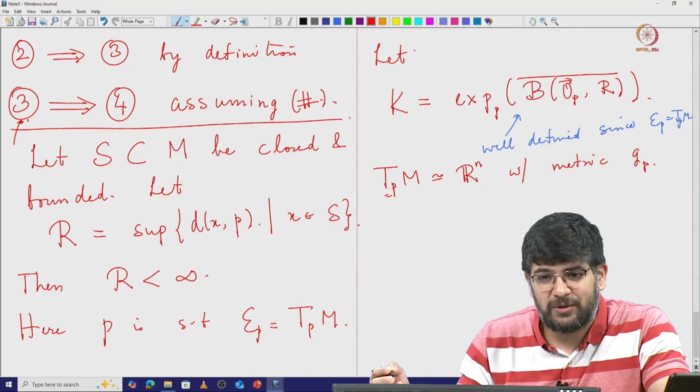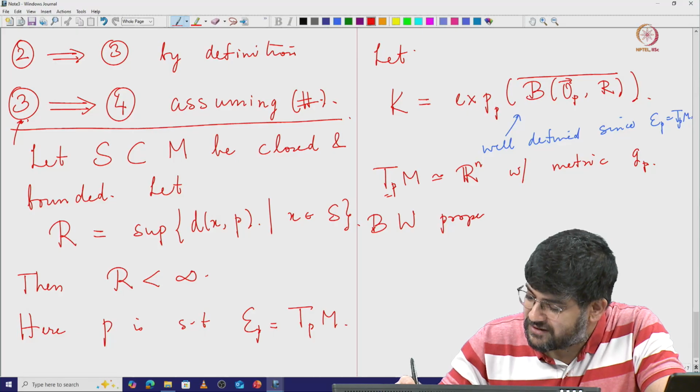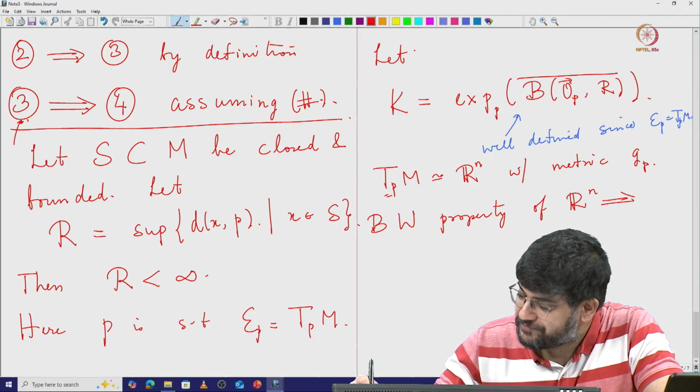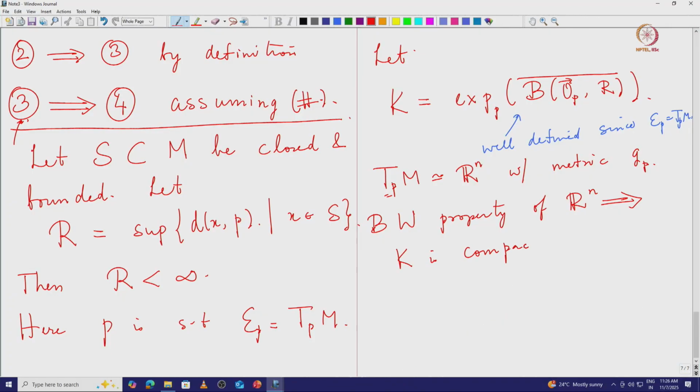But then one can use the Bolzano-Weierstrass property of Rn, which implies that the closure of this ball is compact, and because the exponential map is continuous, the image under the exponential map, K, will also be compact, okay.